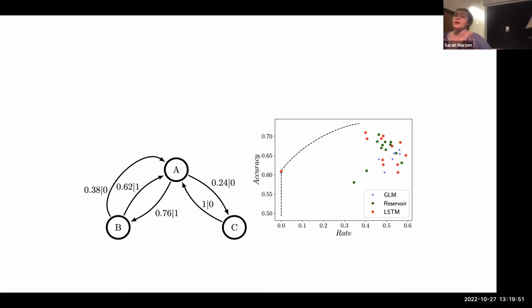So you can imagine there's a hierarchy of these states in the machine. If you had to choose which state to pick up on first, you would pick up on state C first, then state A, and then state B. So if the generalized linear modeler picks up on state B first, then state A, and then state C, they've done it wrong.